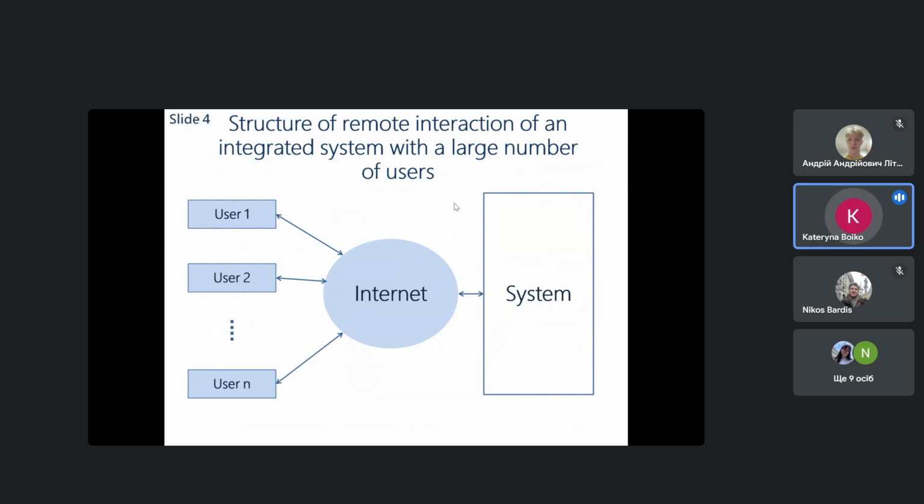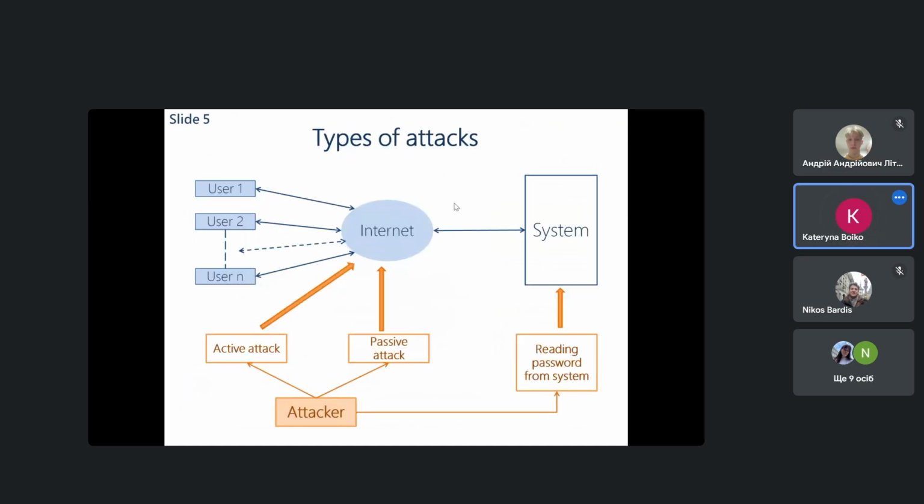A typical example of such interaction is an integrated remote system that provides informational and other resources to many users. The main goal of attackers is to gain illegal access to system resources by intercepting and using a correct user's password.